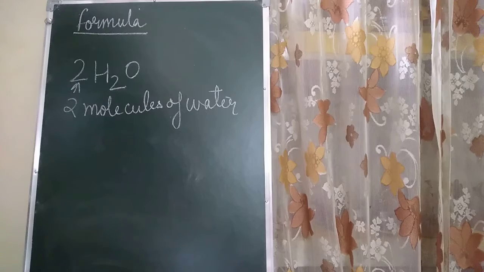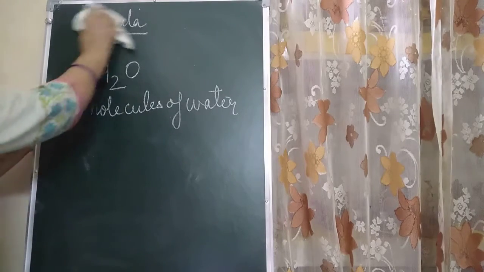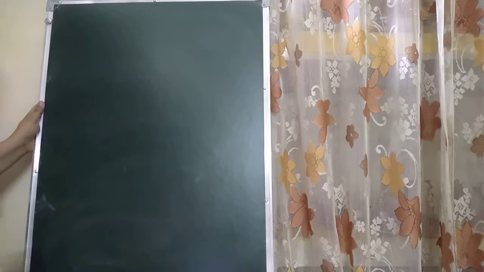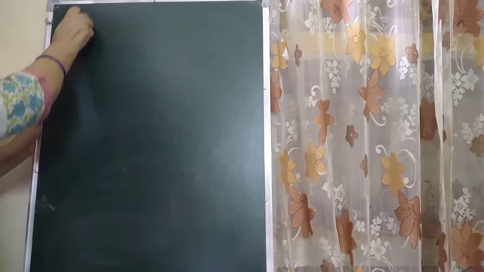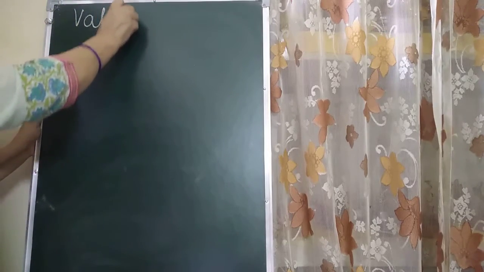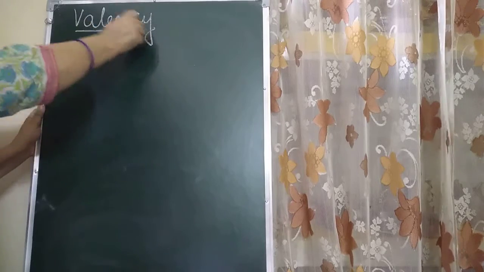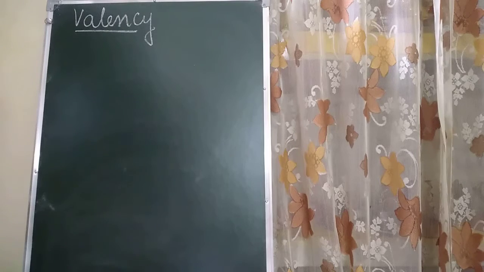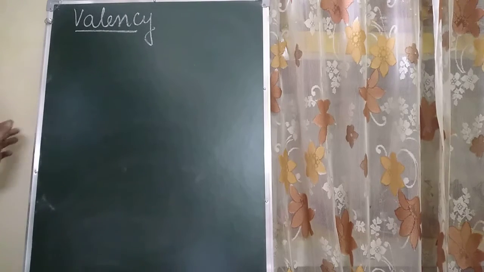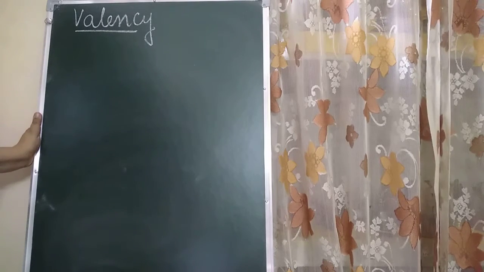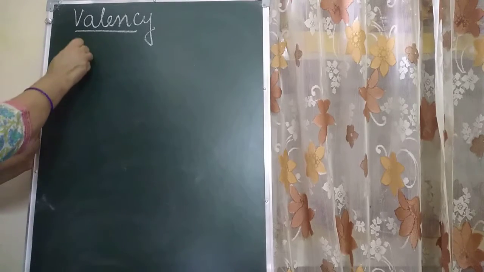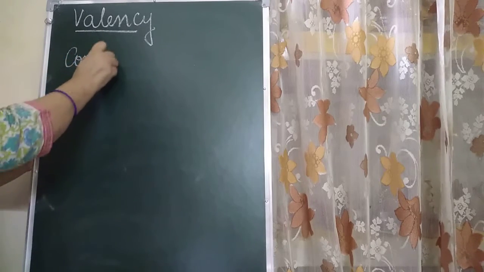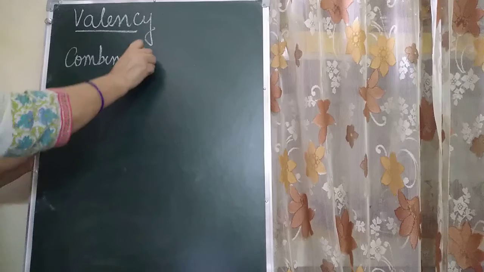Okay children. Now let us come to the next one, that is valency. What is it, children? The valency of an element or a group denotes its combining capacity.